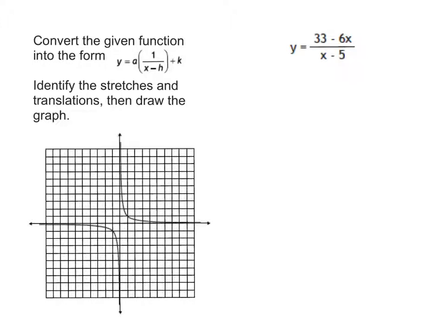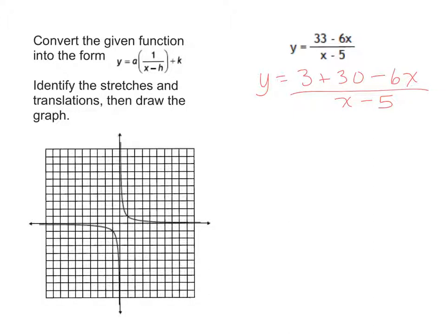And this is how I'm going to do it. Does anyone have an idea? Yes? I'm not going to tell you then. I'm going to listen to what you have to say. Here's what's going to happen. I'm going to change the 33 into 3 plus 30. Is that still equal to what I started with?